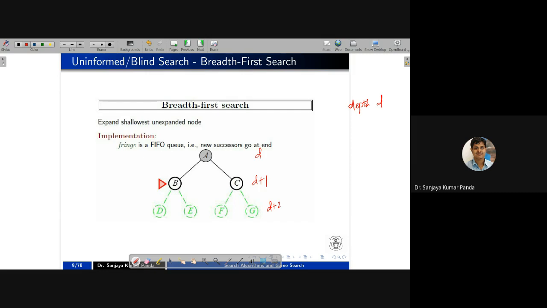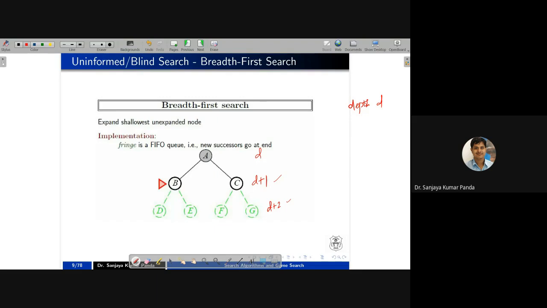When you go to depth D plus 1, the nodes present in depth D are expanded. Similarly, when you go to depth D plus 2, the nodes present in depth D plus 1 are expanded. Okay. So in this way, you can solve problems with breadth-first search.